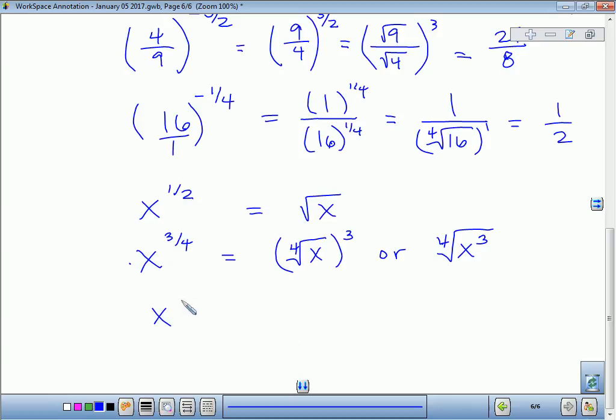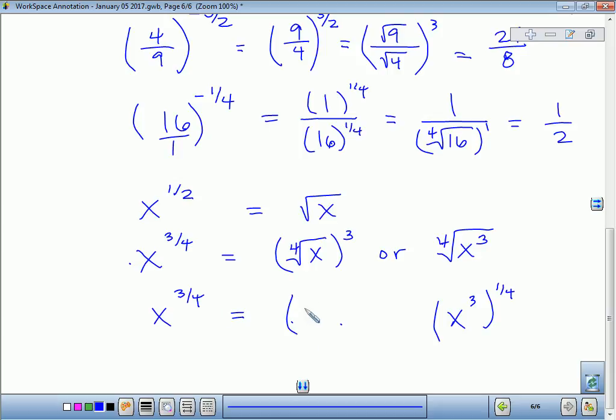It is because if I think of x to the 3/4 as x cubed to the 1/4, actually let me write that under here, x cubed to the 1/4. Do you see how this gives me this answer? And what is 3 times 1/4? 3/4.